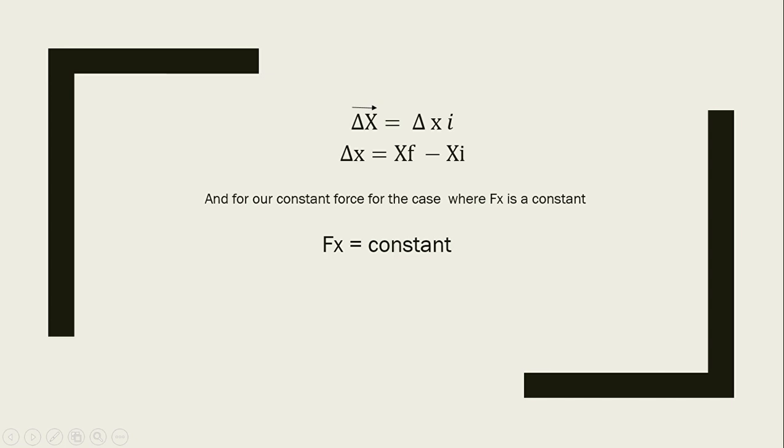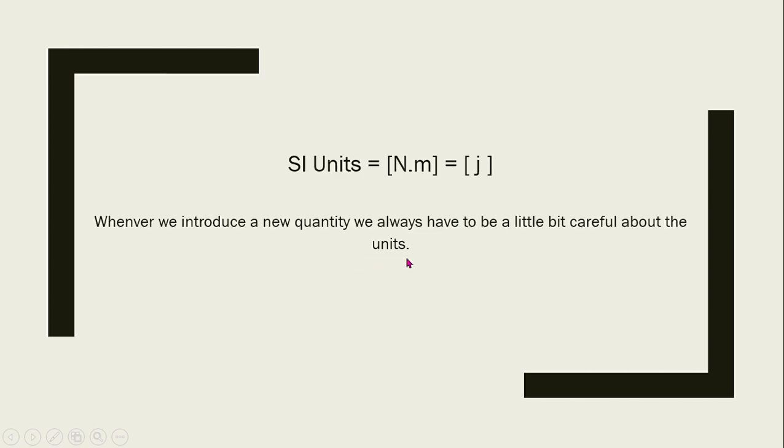And for our constant force, for the case where F_x is a constant, F_x is a constant. So we see work is a scalar that has a sign, quantity, positive or negative.